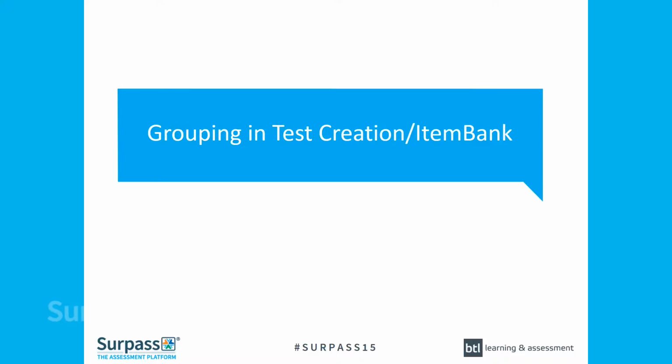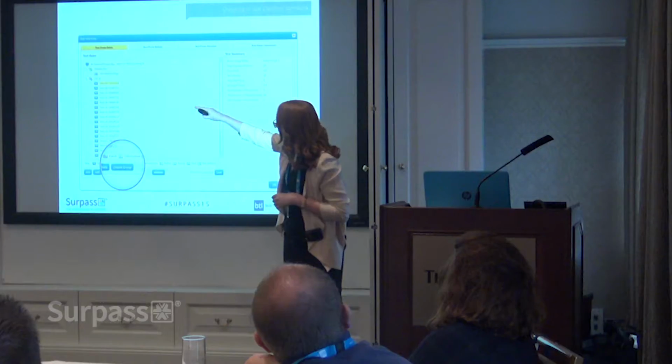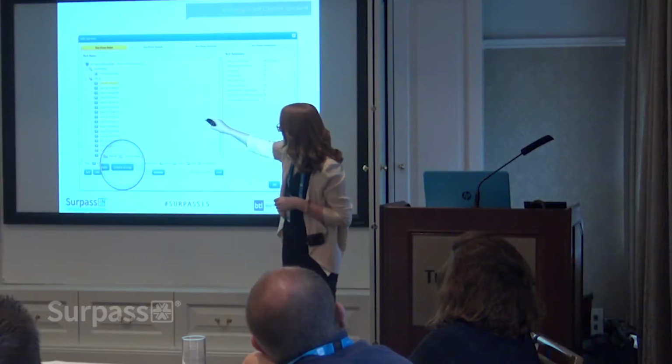Okay. So this is the same concept, the grouping with a scrolling page, but this is just in the test creation screens, or the item bank screens, as some of you know them. Okay, so I'm sure some of you will be familiar with these screens, but this is just your exam structure down that side. And currently these items are all separate.